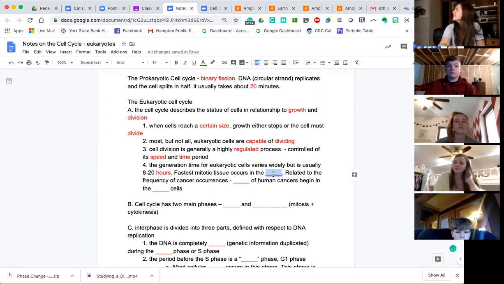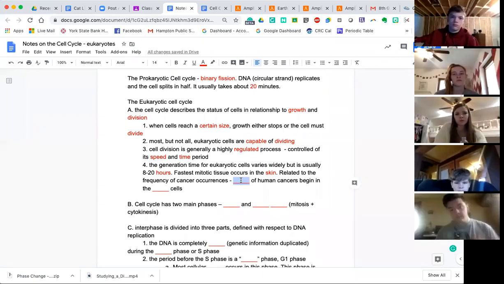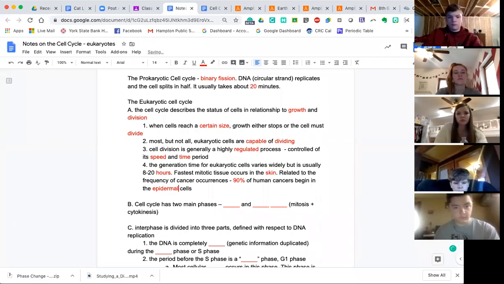So in the human body, where's our fastest mitotic tissue? What kind of tissue in our body heals itself the quickest? Our skin. Yes. And we can think about that. Cancer is when mitosis goes berserk, so it's related to the frequency of cancer occurrences because our skin divides so fast. In fact, 90% of human cancer begins in the epidermis or epidermal cells.